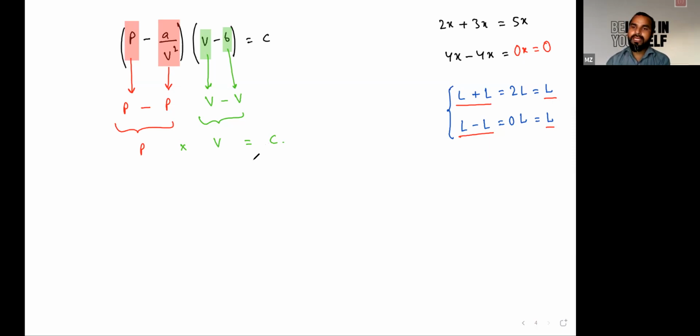Rihab, check your dimension of L. This is just volume, so it will be just L cube. And P is nothing but pressure, there is no exponent other than 1 on it.